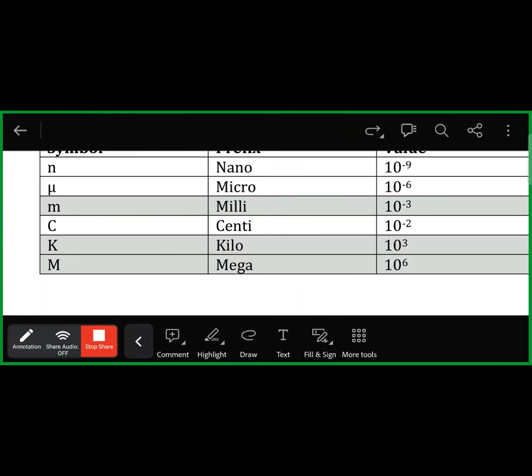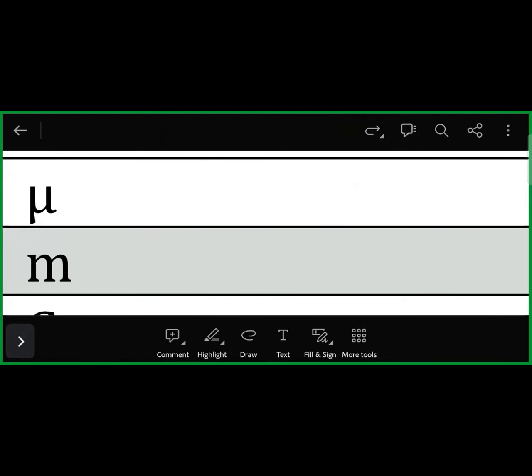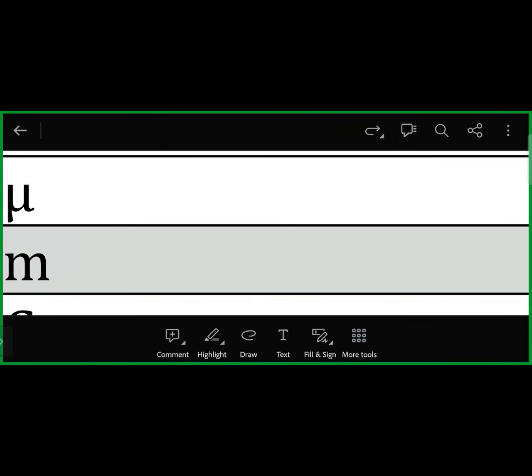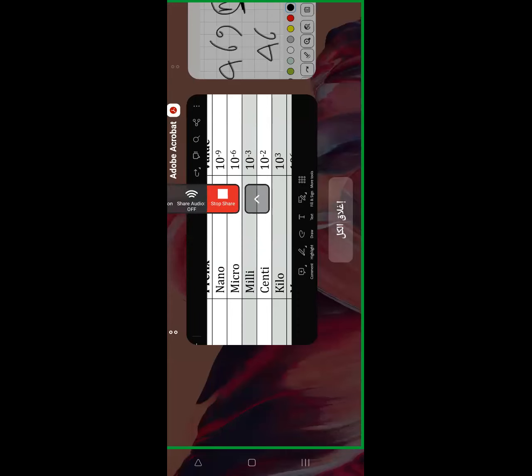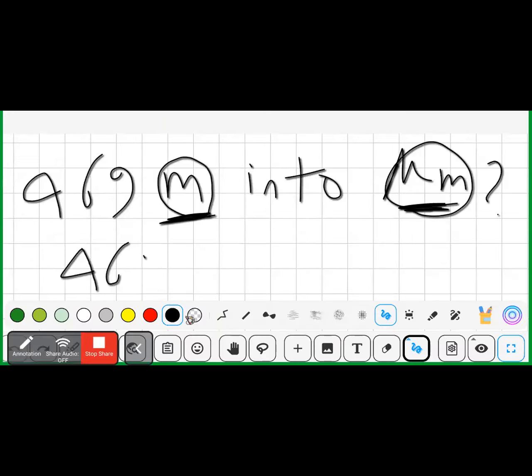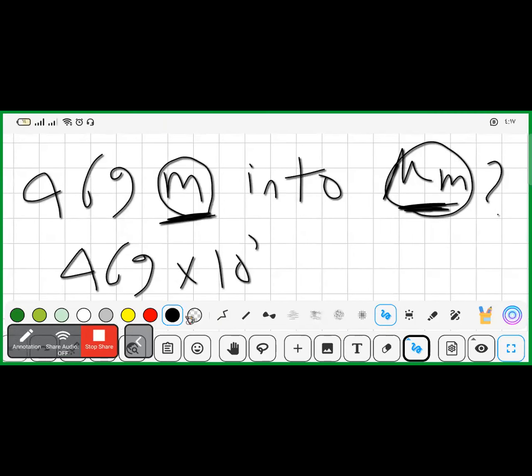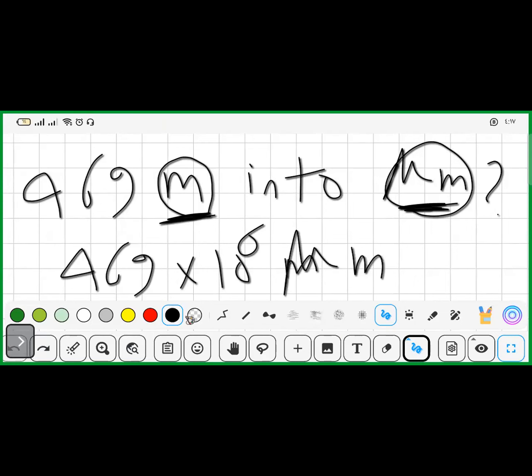Micro. Oh, 6. 10 to the power 6, of symbol mu. Okay, well done.